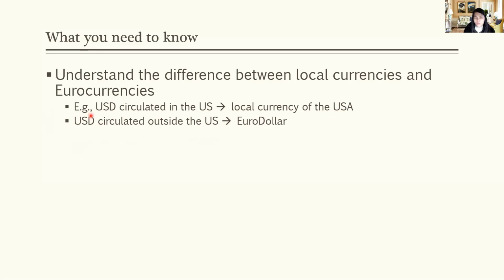But if we transact using the USD outside of the US, this is when we create the eurodollar. So euro just means international. As we discussed in one of the earlier weeks, the USD is one of the most popular currencies for international trades around the world. At the same time, with international funding, like the banking sector or the bonds market, eurodollar bonds are quite popular as well.